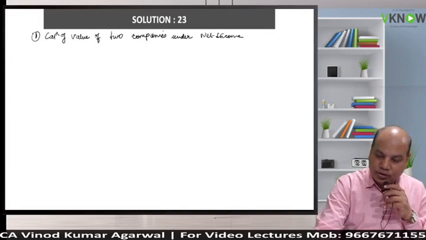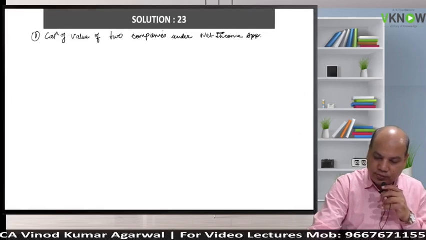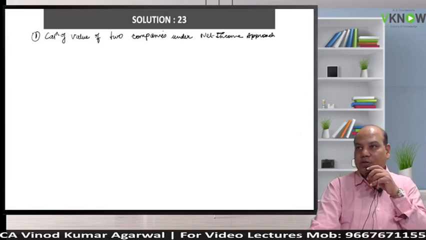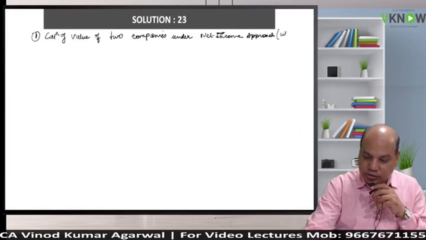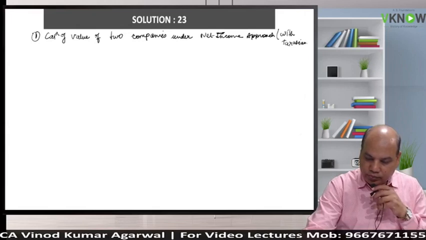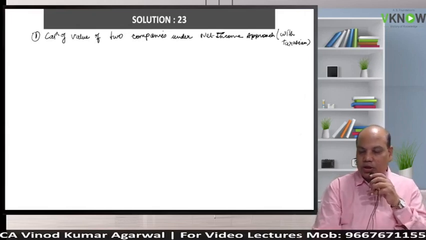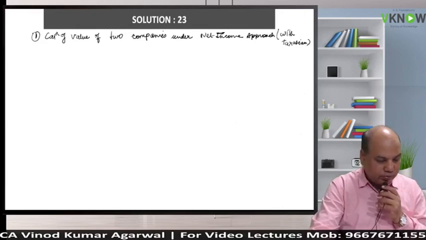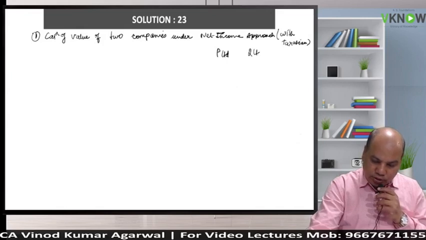So this question was asked in exam some years ago for 6 marks. And this is when you have taxation, in bracket with taxation. Net income approach with taxation. Right hand side, P limited, Q limited. P is a levered firm, Q is an unlevered firm.